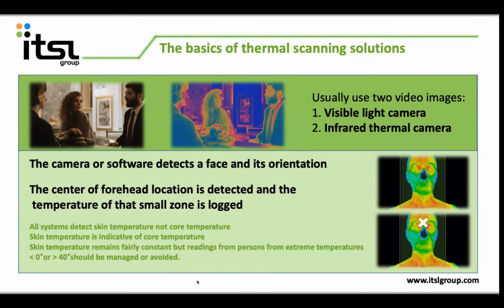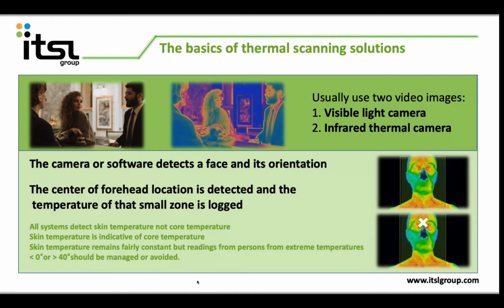The visible light camera detects a face in the frame and its orientation. And then from knowing the orientation of the face, the center of the forehead is determined, and then that area from the thermal sensing chip is measured for temperature, and that's what determines the skin temperature of the person in the frame. So the systems themselves detect the skin temperature, not core temperature.